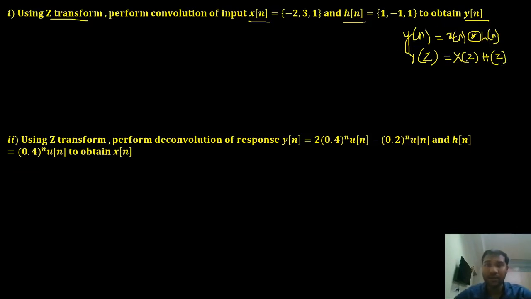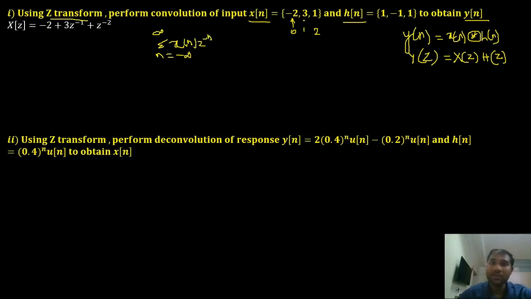First, I'll find x of z. What is x of z? This is nothing but the values at origin 1 and 2. Now x of z is nothing but summation n equals minus infinity to infinity x of n z power minus n.